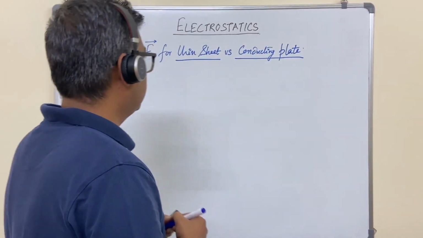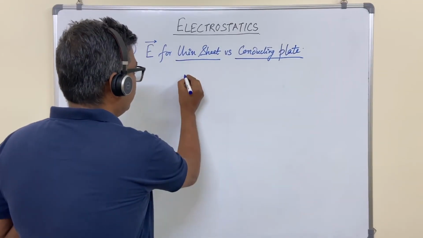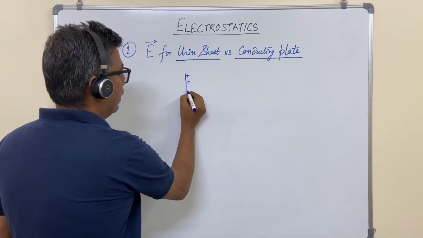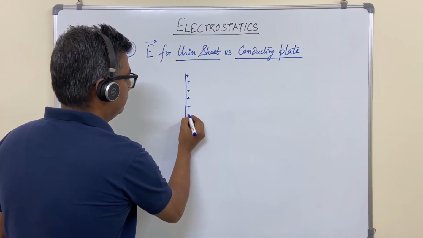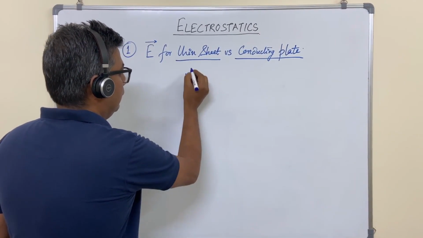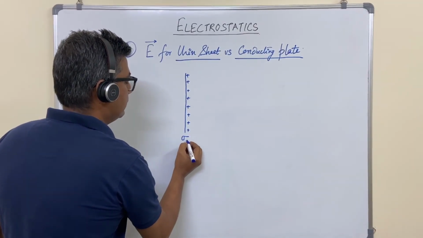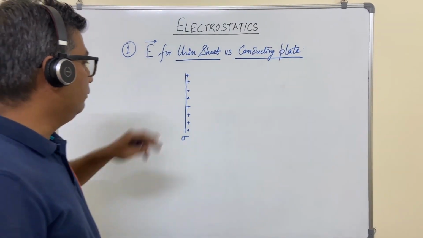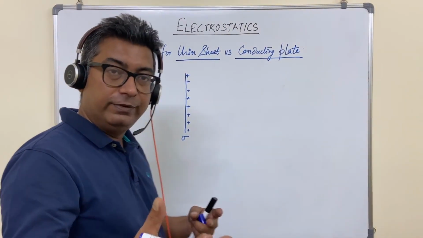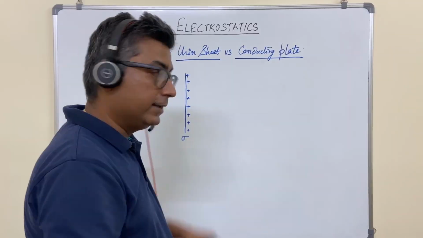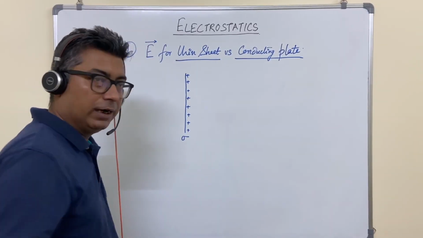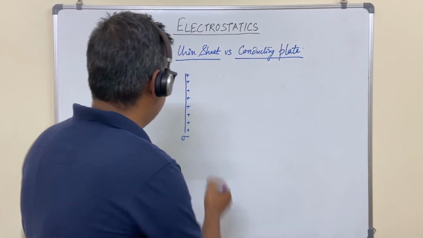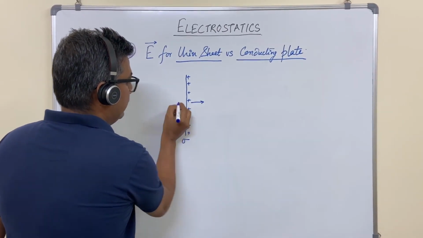So if you consider a thin sheet that we show like a straight line, okay, having some charge with a surface charge density, let's say sigma, okay, and we need to determine the electric field on both the sides. So because it's positive charge, the electric field actually is outwards for both left and right side.